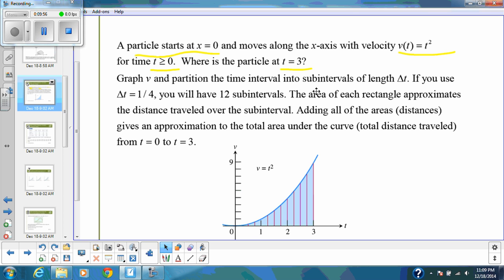The area of each rectangle approximates the distance traveled over that 1/4 of whatever time frame we're talking. If we add all those areas up, it'll give an approximation for the total area under the curve, which would be the total distance traveled.